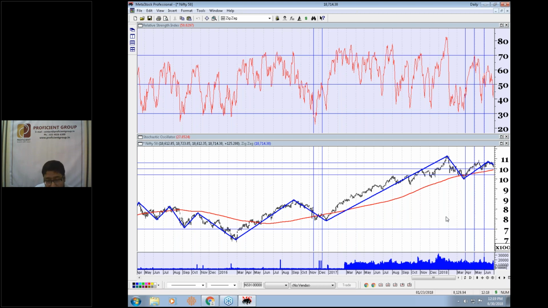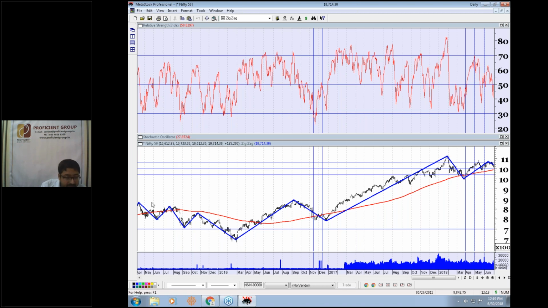The objective is to find the tops and bottoms. As you can see, with the 5% filter, the bull market started from January 2016. Why do we say that? Because in January 2016, an important bottom was made.